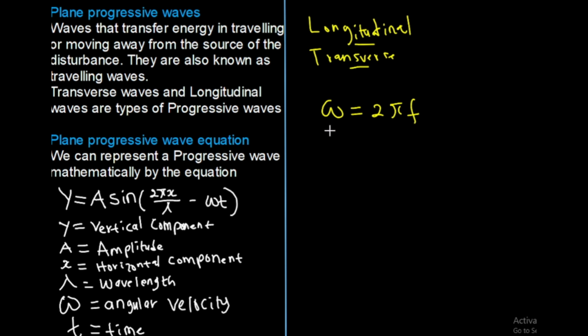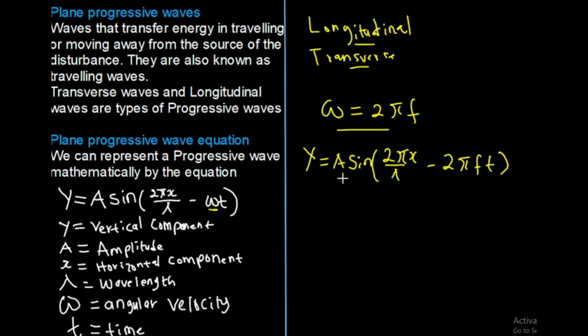If we plug this into this equation here for angular velocity, we are going to have y equals a sine 2 pi x over lambda minus, in place of omega, we write 2 pi f. We have 2 pi f, and then we have t.